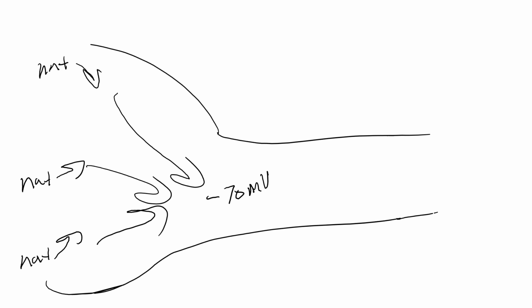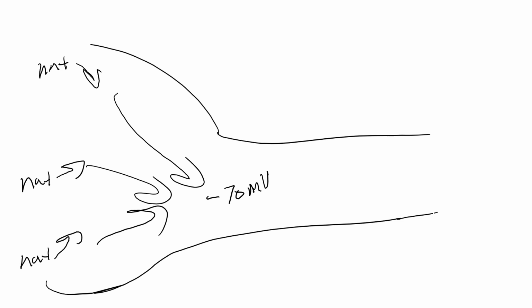Now, these depolarizations, which are really little waves of positivity moving towards the hillock, fall apart as they move towards the hillock, meaning that they become less and less positive or more and more negative as they move away from the point of origin. So technically, they're referred to as graded potentials.